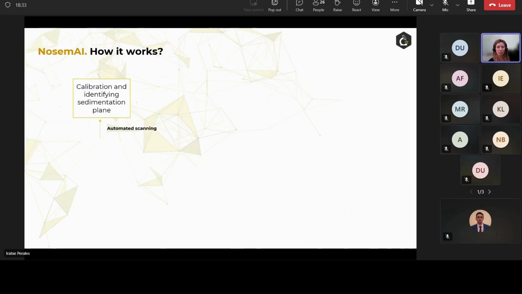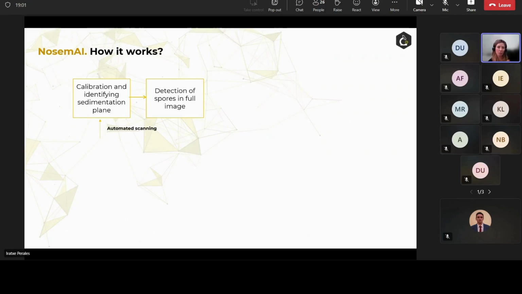So the pipeline that we implement is, first, the calibration and the image analysis of the samples in the microscope. So you, as a user, first put the sample, then the scanning microscope finds where the calibration and the best focal plane is, and then we start scanning the images.